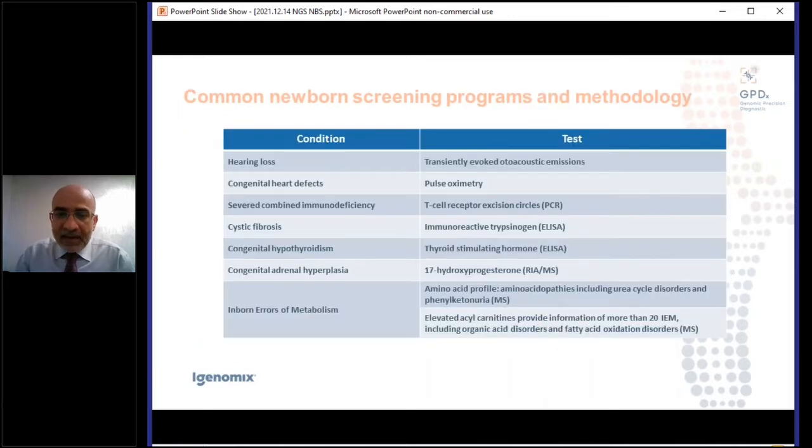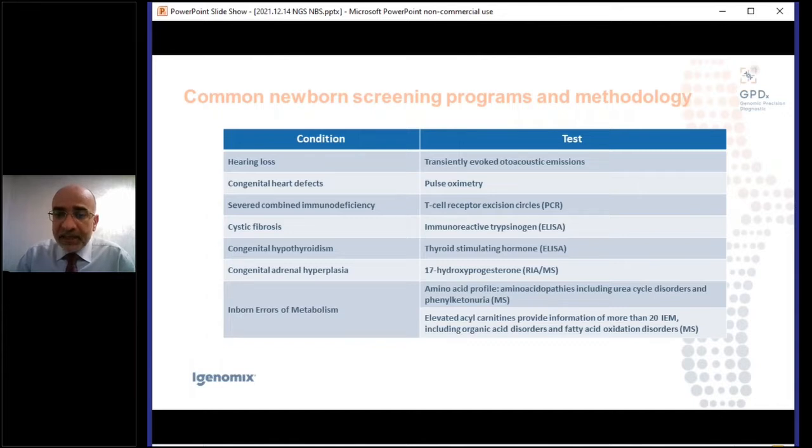So nowadays we have many conditions and many methodologies to do newborn screening. For example, we do hearing tests as part of newborn screening in many countries, and many places also added screening for congenital heart defects using pulse oximetry.